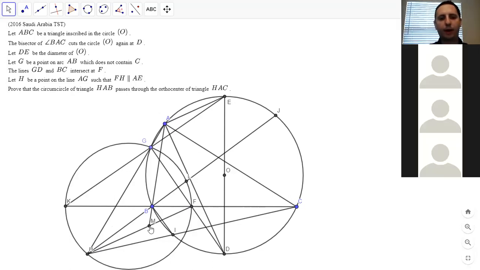So basically we define M to be the intersection of AB with HF, and we can prove HF is the angle bisector. We did that with this Apollonius circle thing.